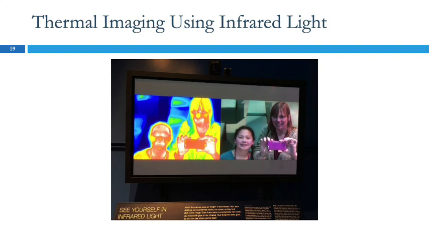So this picture is from a field trip I got to take with my daughter to NASA's Jet Propulsion Lab down south. So this is us viewed on a regular visual camera, and this is on the infrared camera. And so what the computer is doing is taking places where there's more infrared radiation, and it's showing those as red areas, and less is blue.